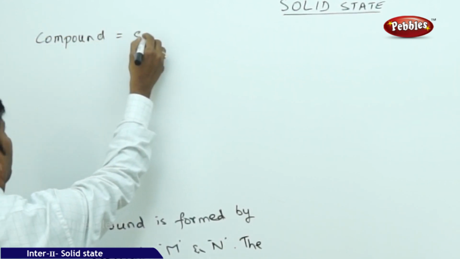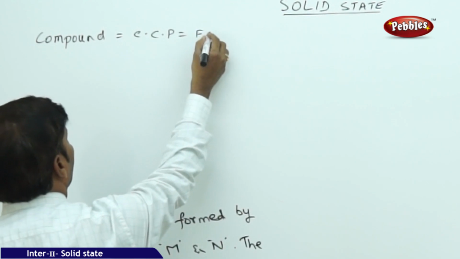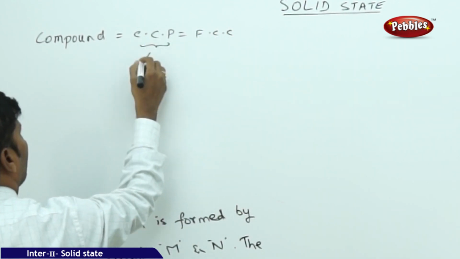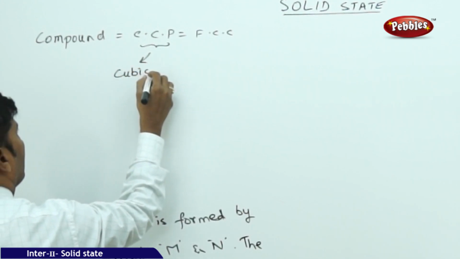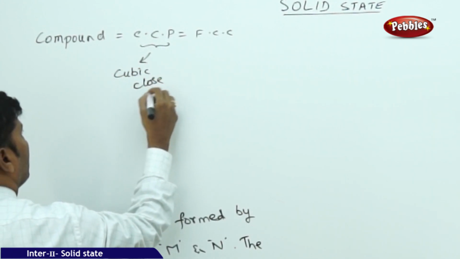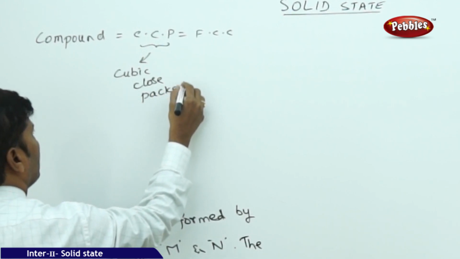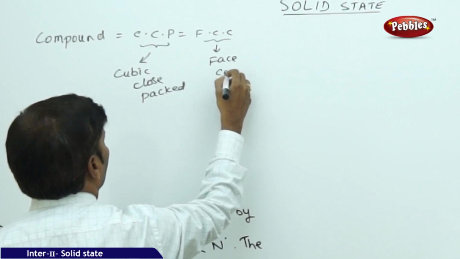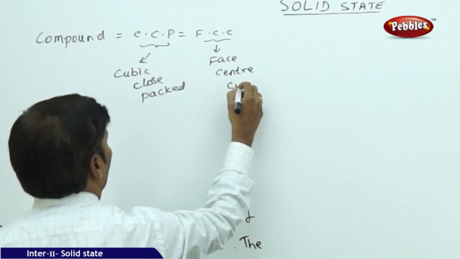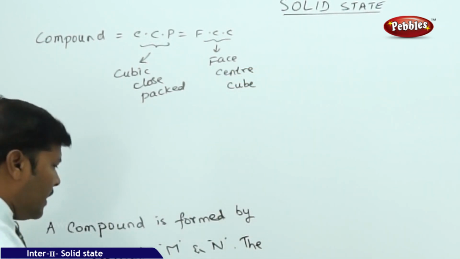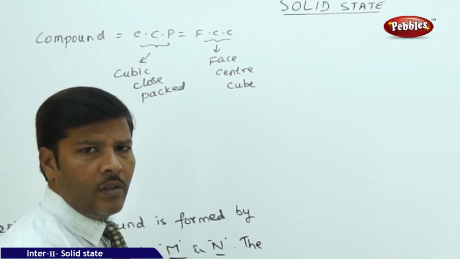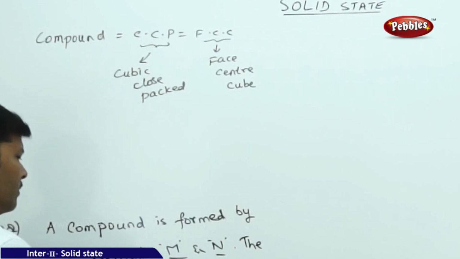The compound contains CCP, and CCP is nothing but cubic closed packed, or you can say FCC, face centered cube; both are the same. There are two elements, M and N, and the element N forms CCP.